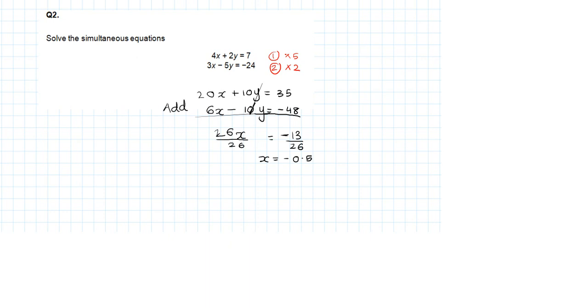Let's move this board. That's minus 2 plus 2y equals 7. Add 2 both sides. 2y is 9, divided by 2, y equals 4.5. So x is equal to minus 0.5 and y equals 4.5.